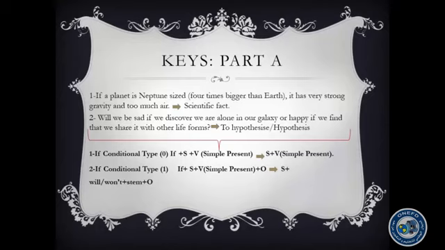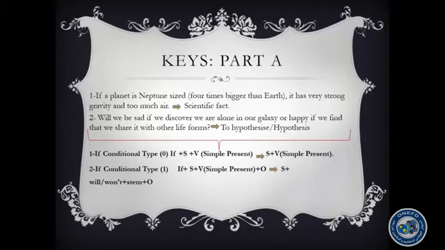The if conditional type 1 is not like type 0, because whereas the results of type 0 are always 100% true and always happen, in type 1 the results may happen. There is a big possibility they are going to happen, but there is still the chance that they will not happen. It's not 100% true or correct.